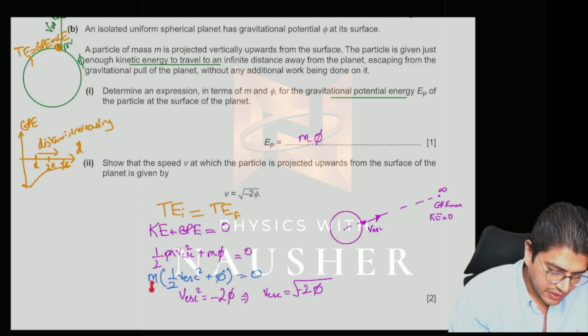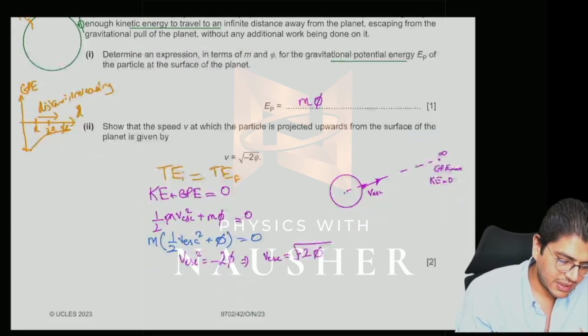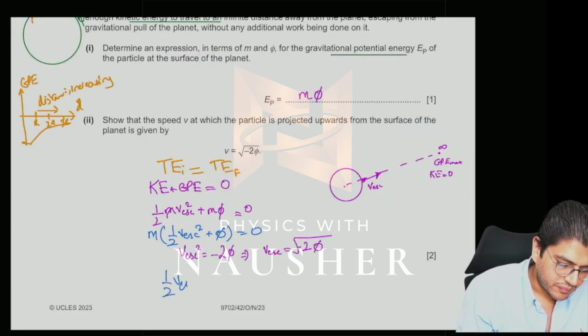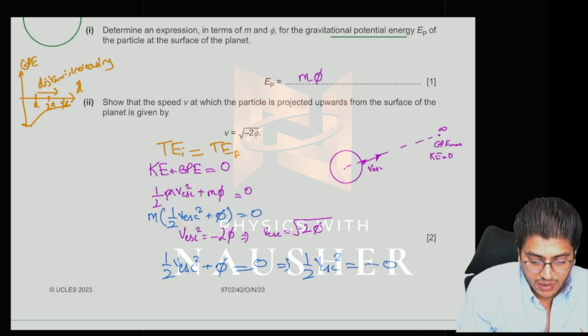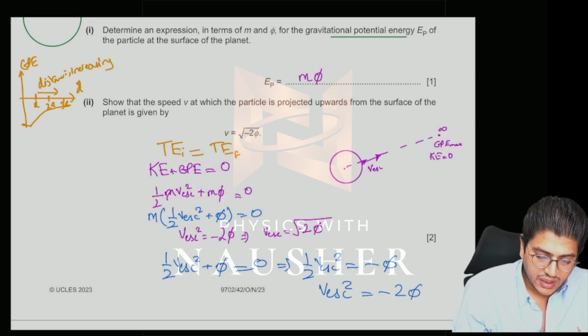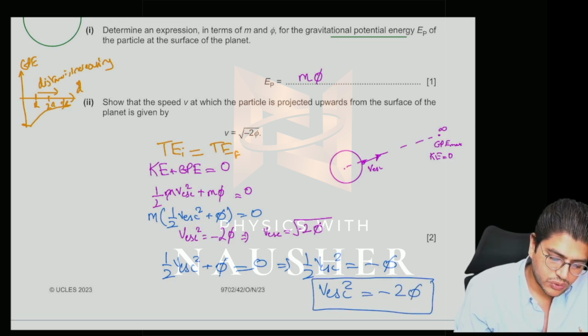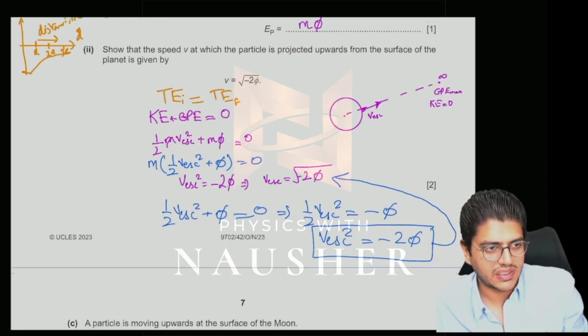Half v escape squared should be equal to minus phi. So v escape squared should be equal to minus 2 phi. And then when you take the square root, you will end up getting this answer. I hope it makes sense.